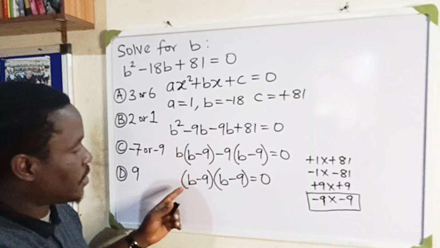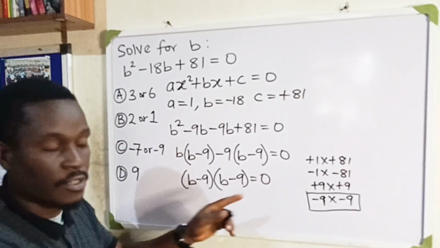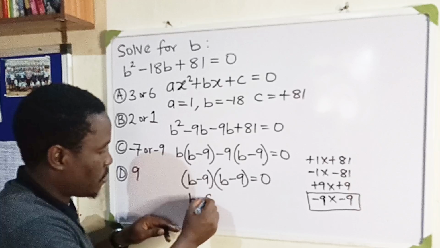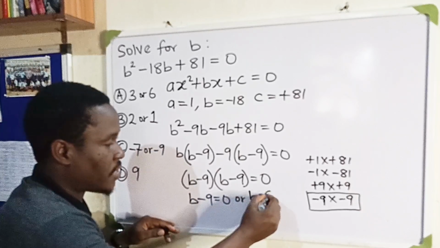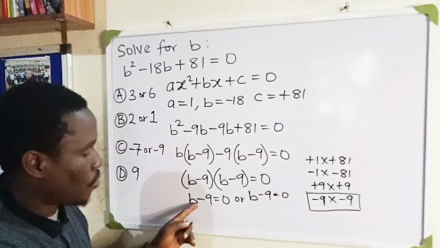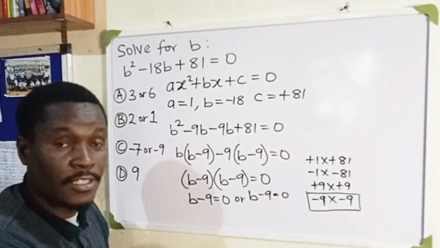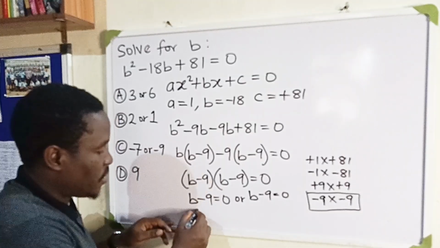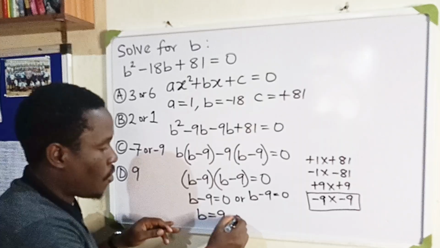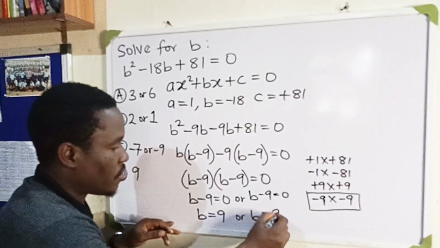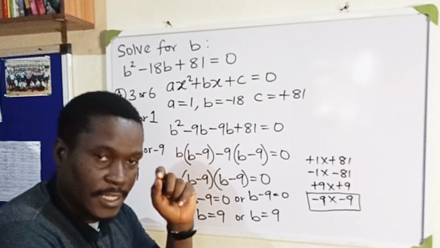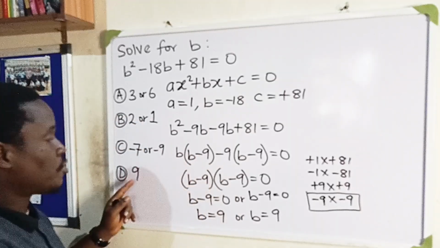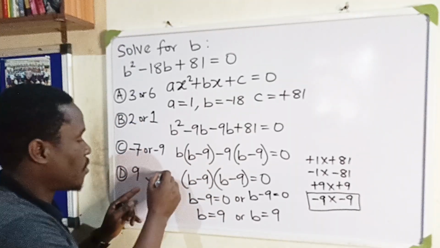So we can go further to say that b minus 9 is equal to 0, or this other value, b minus 9 is equal to 0. If you move minus 9 to the right, it becomes positive. So we can simply say b is equal to 9, or b is equal to 9. This shows that the two possible values for b is 9. That means option D is the correct option.